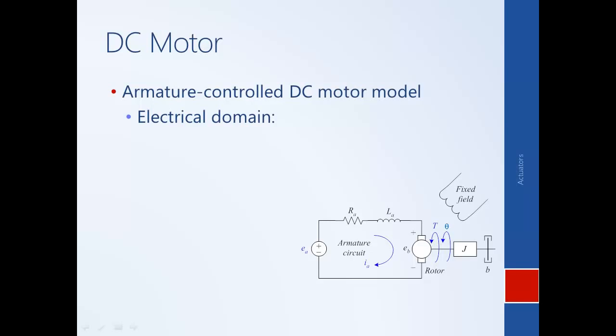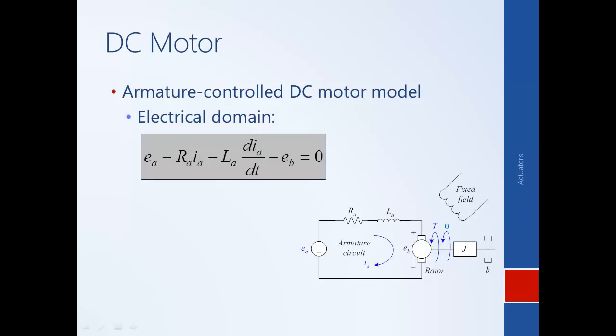We can in essence apply Kirchhoff's voltage law or Kirchhoff's loop law. And this is the result. And where this came from, if you think back, we start at one point in the circuit. As we go around the circuit, we pass through the voltage source. That causes an increase in the voltage. We have a bump in voltage across that voltage source, E sub A. And then as we go across the resistor, we drop voltage according to Ohm's law.